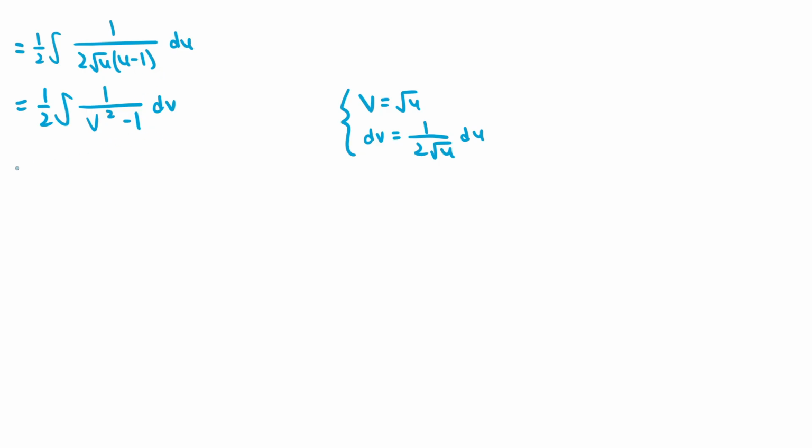We can factor the denominator and express the integrand as 1 over v plus 1 times v minus 1. And now we're just going to have to do partial fractions to split this into two smaller fractions.